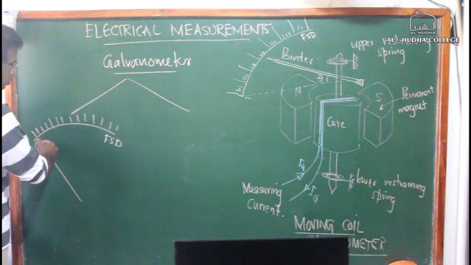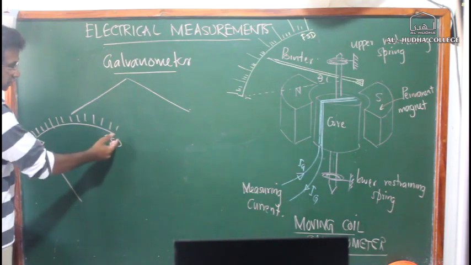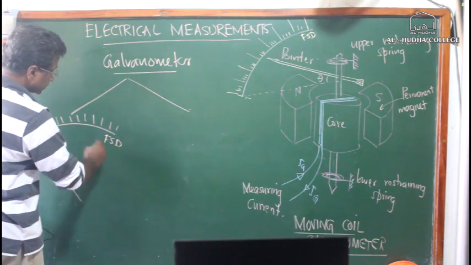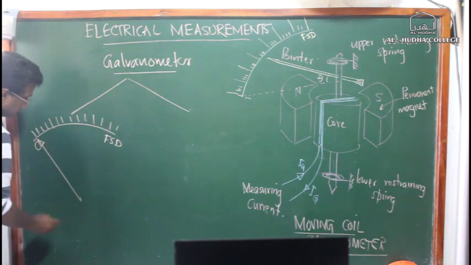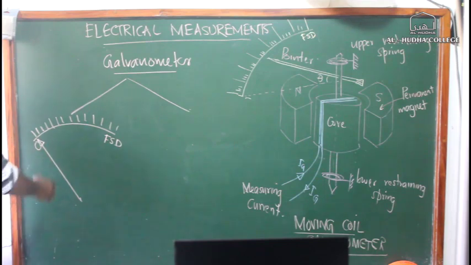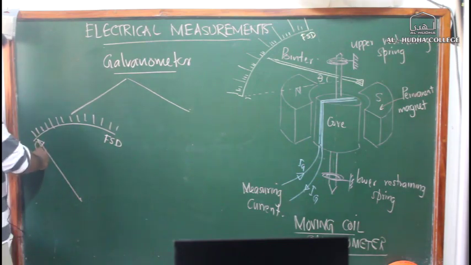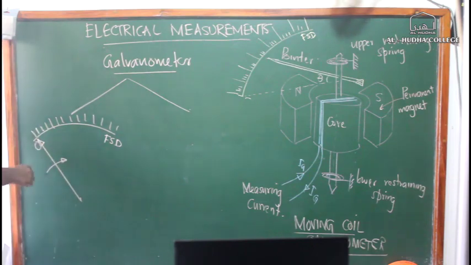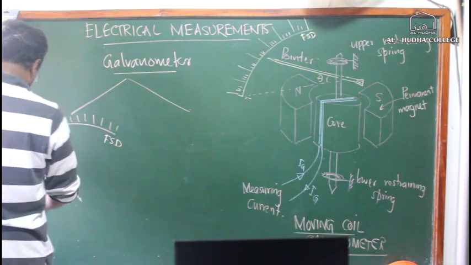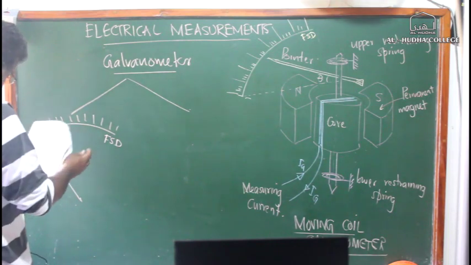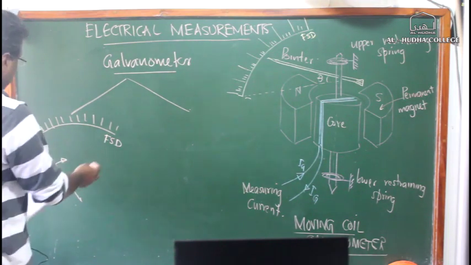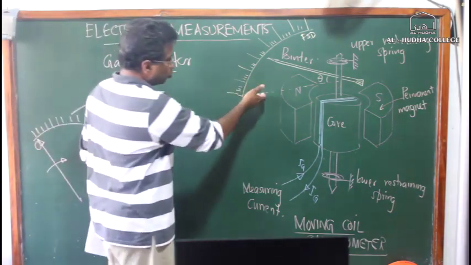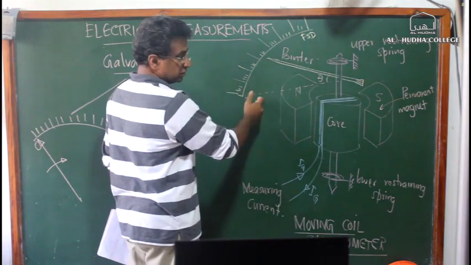The maximum value the current can measure, the measured current, is called the full scale deflection, right? In this case, the galvanometer is starting from 0 and going in only one direction. Therefore, the direction of the current is very important, right? If you change the direction of the current, the pointer cannot move this way, right? So it will be stuck.